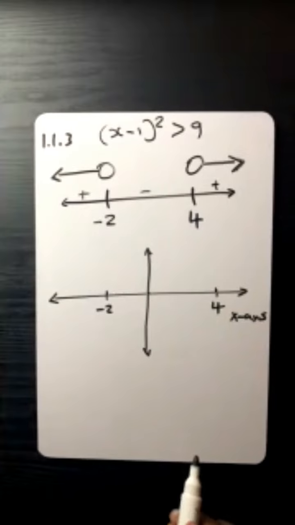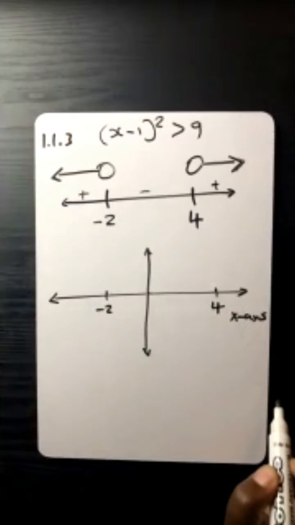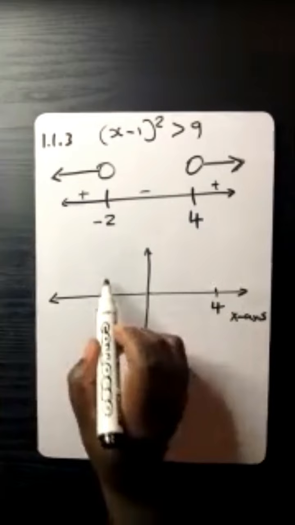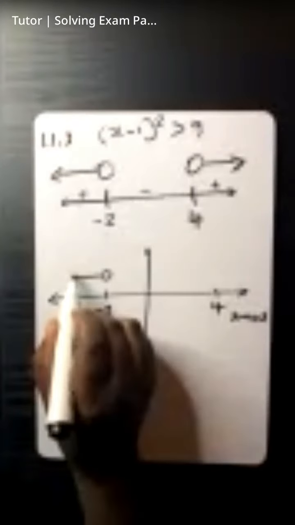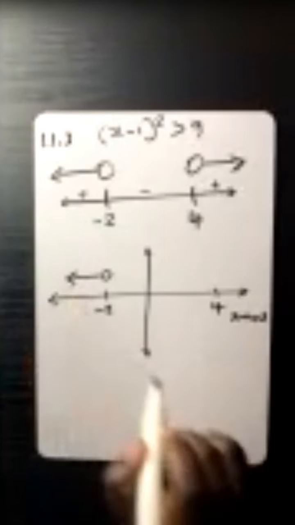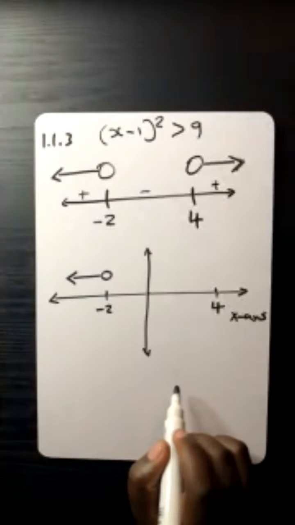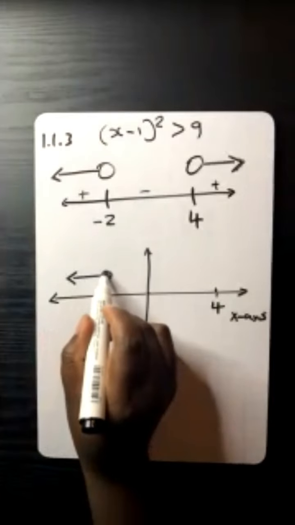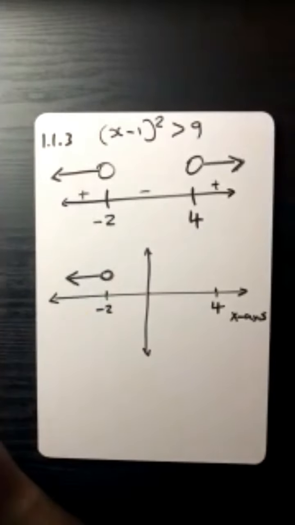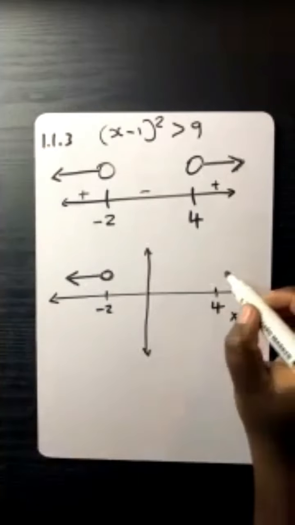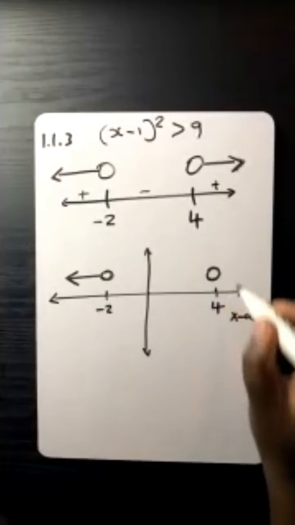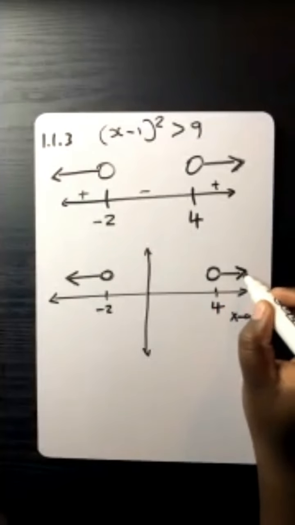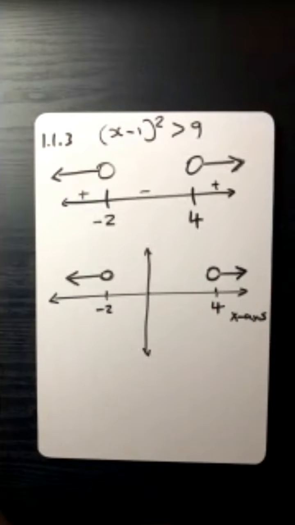Now on this x-axis, starting from -2 and going in that direction, this arrow simply means up to infinity, which means from -2 going up to negative infinity, negative million, negative billion. I hope you fully understand that part, ladies and gentlemen. From 4 up to infinity, up to billions and billions.